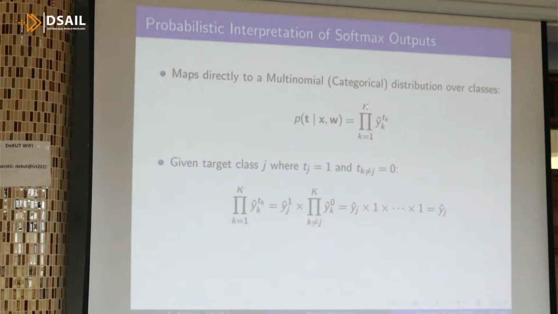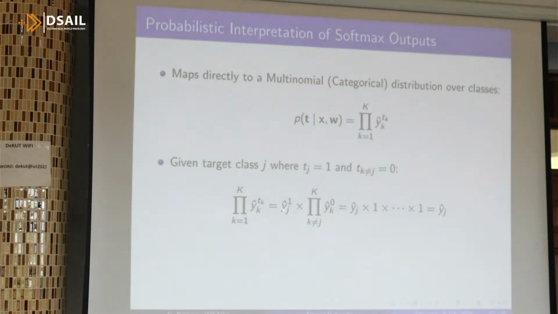So if we write this as a product, k equals 1 to K of y_k to the t_k. Basically what we are saying is, let's say you're given a target class j, where t_j is equal to 1, and t_k, when k is not equal to j, is 0. That's exactly what we mean by a one-hot vector.